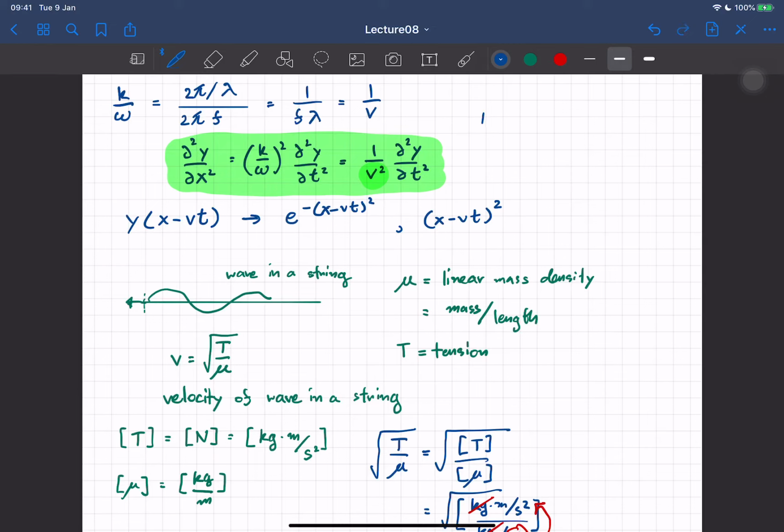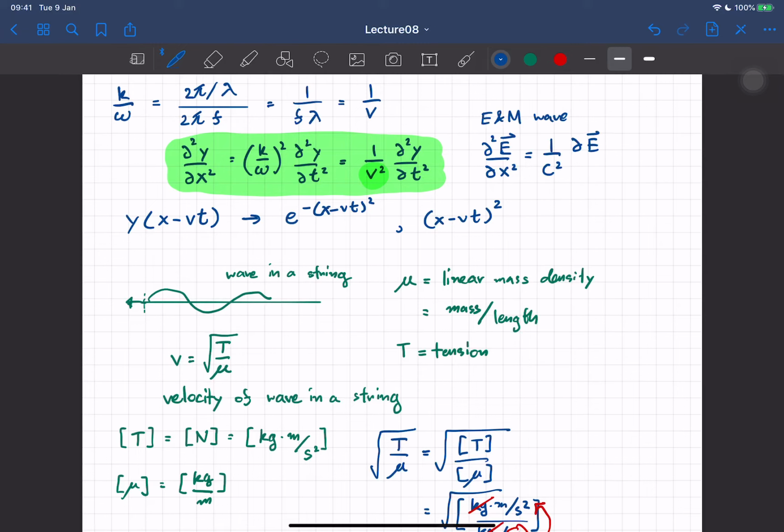So if we talk about E and M wave, electromagnetic wave, then what you have oscillating is the electric field. So in the end, you're gonna see that the electric field, which is the symbol E with a vector symbol here, actually also satisfies this equation. So you're gonna have something like this, right?